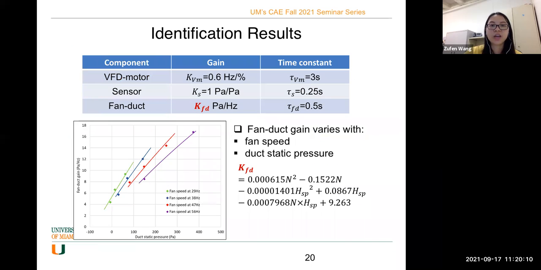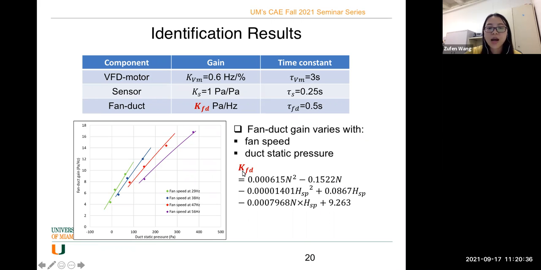Here are the identification results. You can see that the VFD motor and sensor all have fixed gain and time constant. And the fan duct also has a fixed time constant, while its gain varies with fan speed and duct static pressure. Here, we can say that the fan duct gain is not constant.